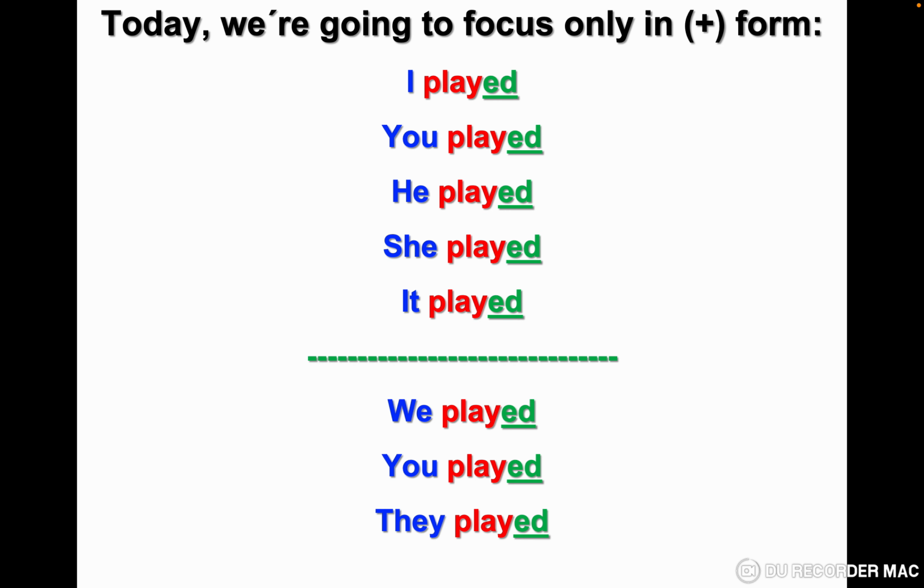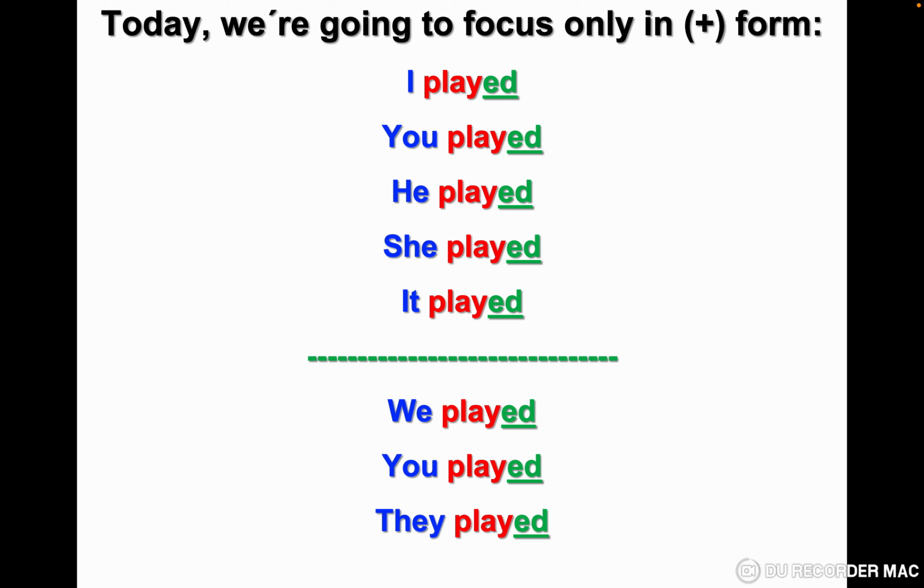Today we're going to focus only on the positive form. I played, you played, he played, she played, it played, we played, you played, they played. So this verb takes ed in the past because it's a regular verb.